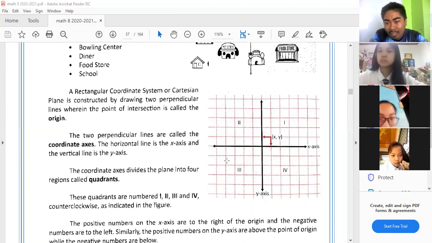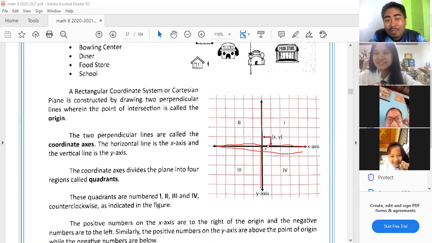So, this is the first perpendicular, ito yung una, and ito yung pangalawa.